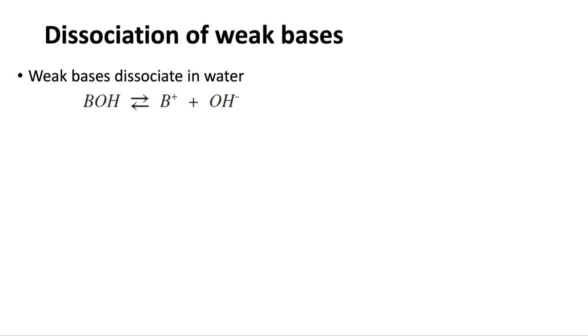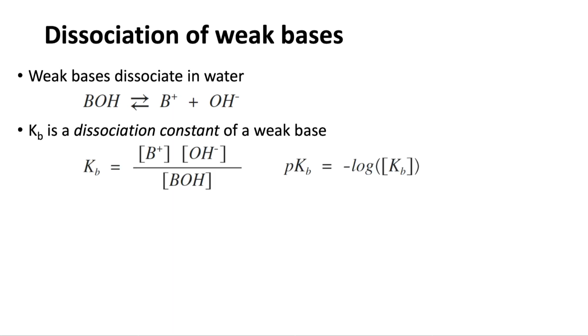So again, the salt is positive relative to the hydroxide it gave up, which is negative. But in the end, you still started with a base to begin with. So the BOH would be considered the base. The B plus is considered the salt because it's the resulting form that resulted when the base gave up a hydroxyl, which is negative. Now, since it's a base, it's not called a Ka, it's a Kb. The dissociation constant for a weak base is Kb.